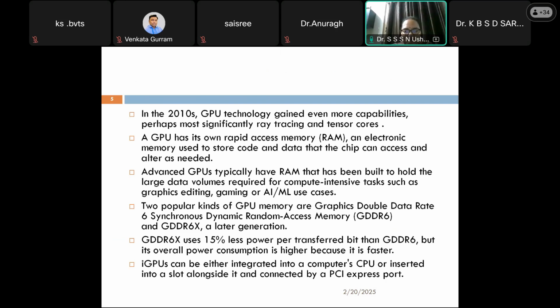GDDR6X is somewhat faster and consumes less power for data transfer. But the point is, as it is faster, for its computation it requires power again. So it is going to be a balanced one, but we will get the result faster.